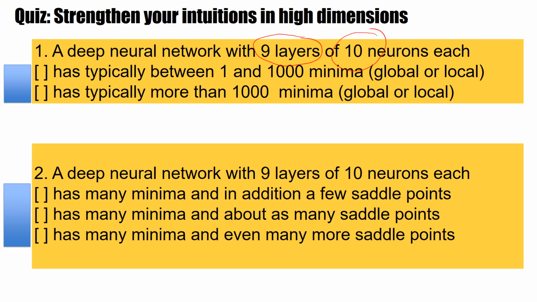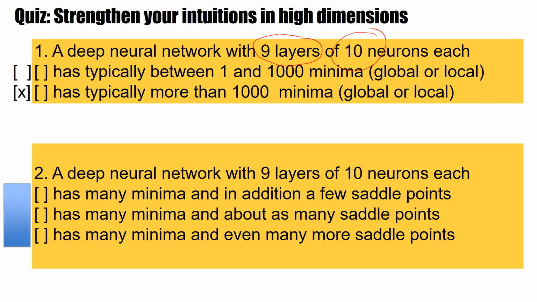We have seen there could be global minima, there could be local minima. Do you think that this is correct? Or do you think it has typically more than 1,000 minima? Again, global or local. And I remind you, you may pause the video before we continue so that you can really think about this and make your own estimation.